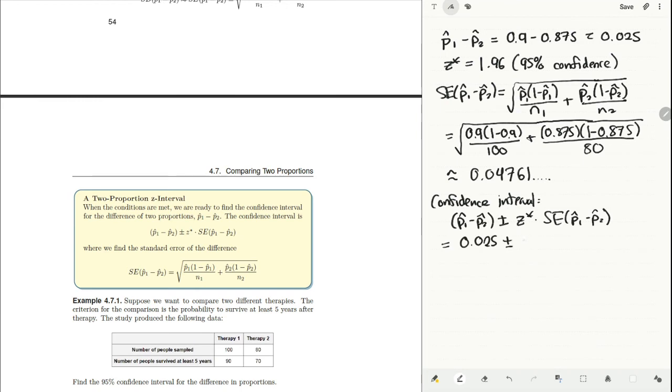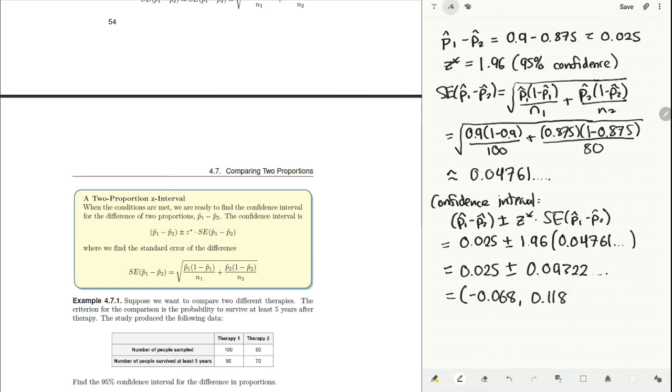We add and subtract the critical value, which is 1.96, times the standard error, which is 0.04761. So that is 0.025 plus or minus a margin of error of 0.09322. And so our interval is from negative 0.068 to positive 0.118.